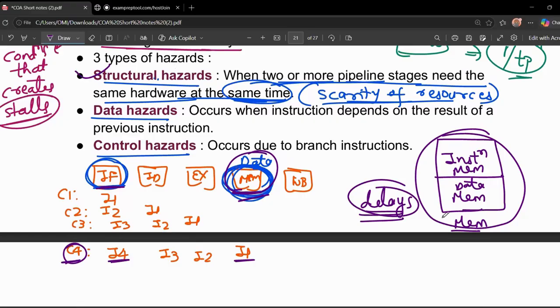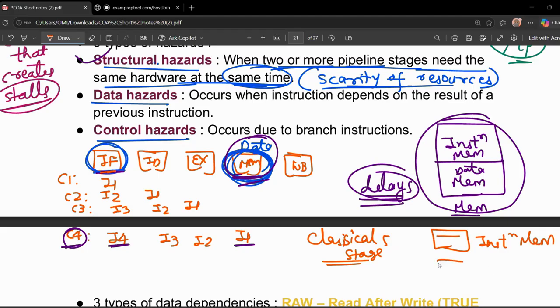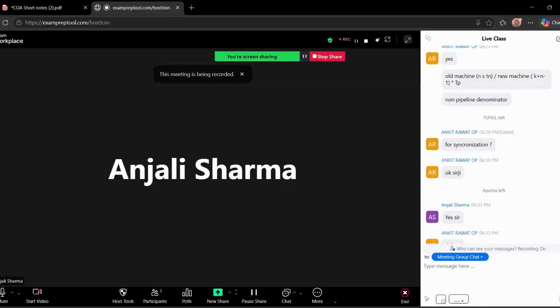Now, if you ask, sir, how can we proceed? In the real world, in your classical five-stage pipeline, you have two different memories: an instruction memory, which is only used for instructions, and a data memory.